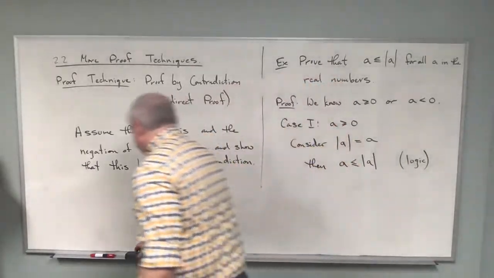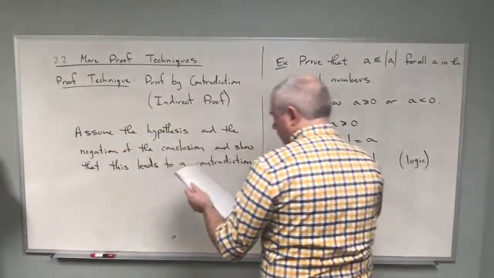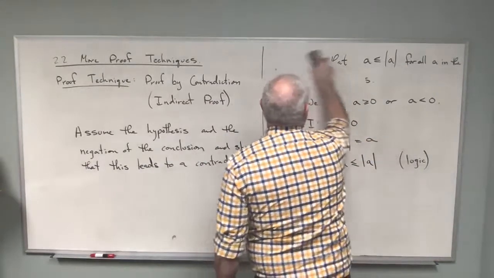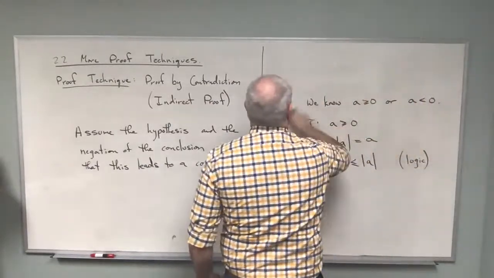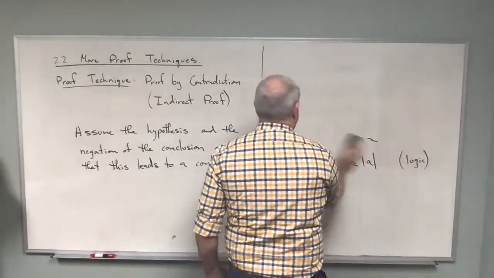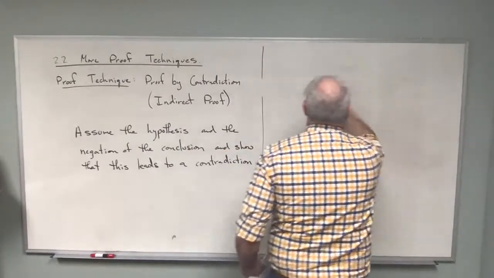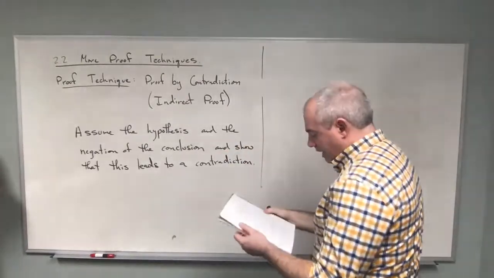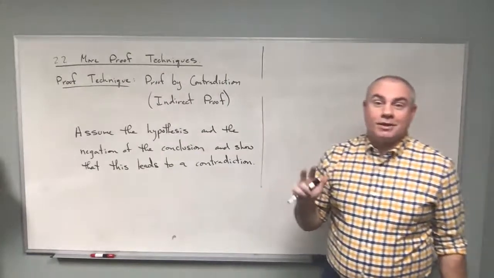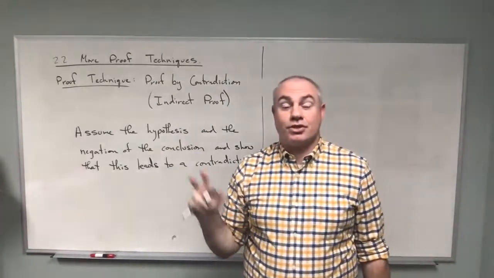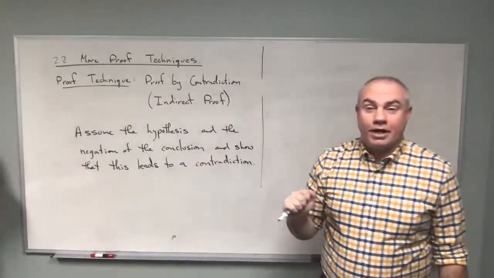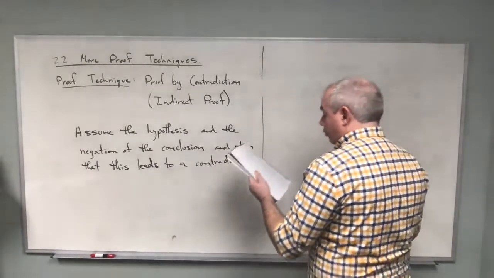Let's do an example. Okay. Again, we're kind of starting small here. Some of these contradiction proofs aren't super, super crazy, but they are good examples.